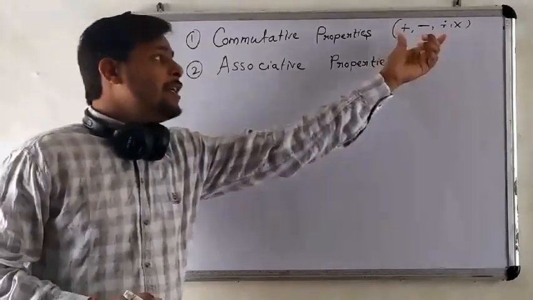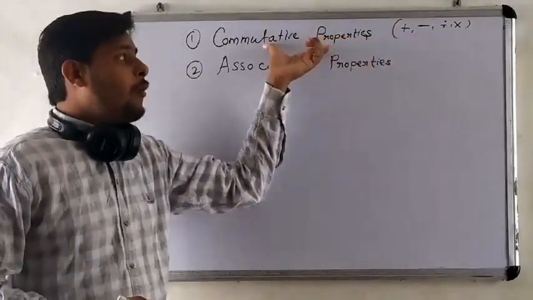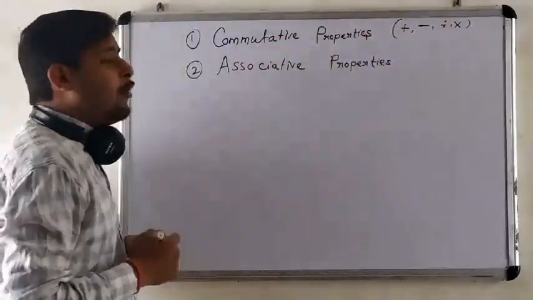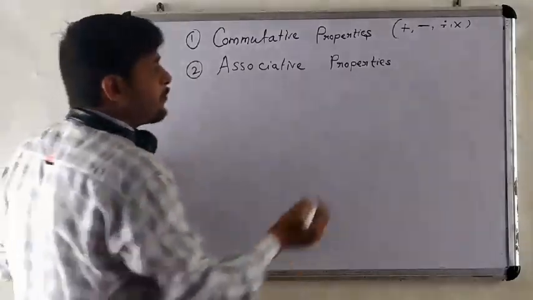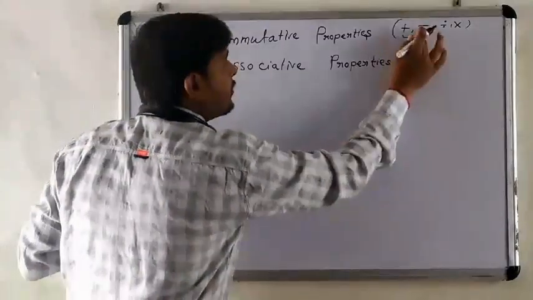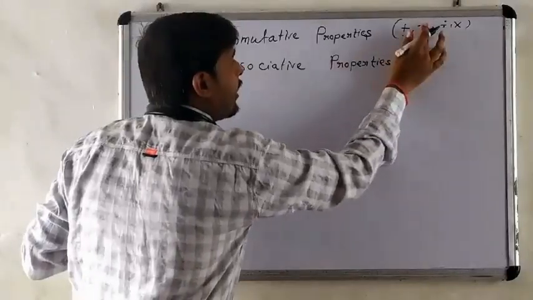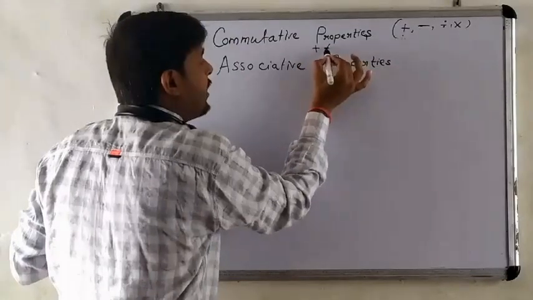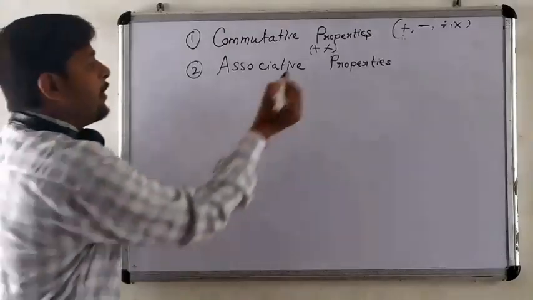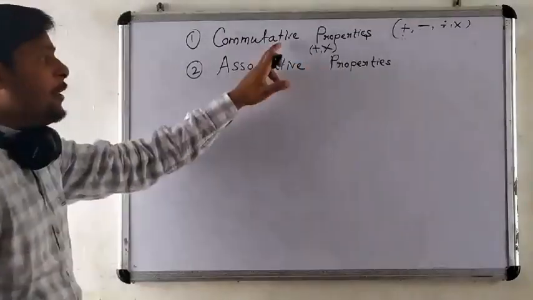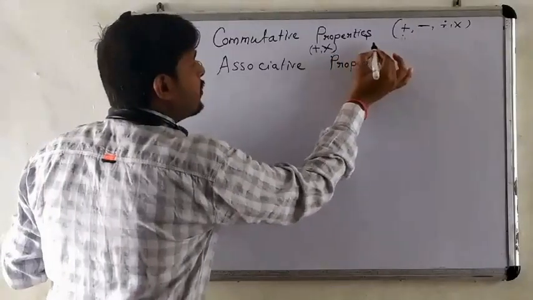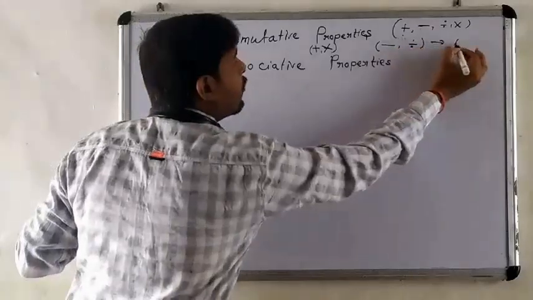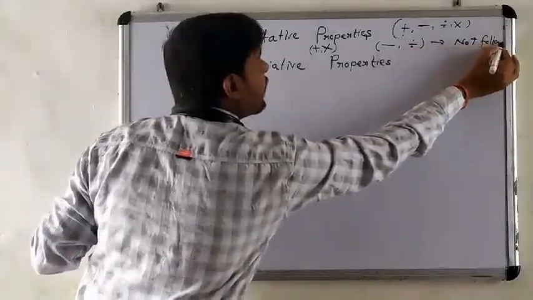Based on these operations, some operations may follow commutative properties and some may not. Addition and multiplication follow commutative properties, while subtraction and division do not follow commutative properties.